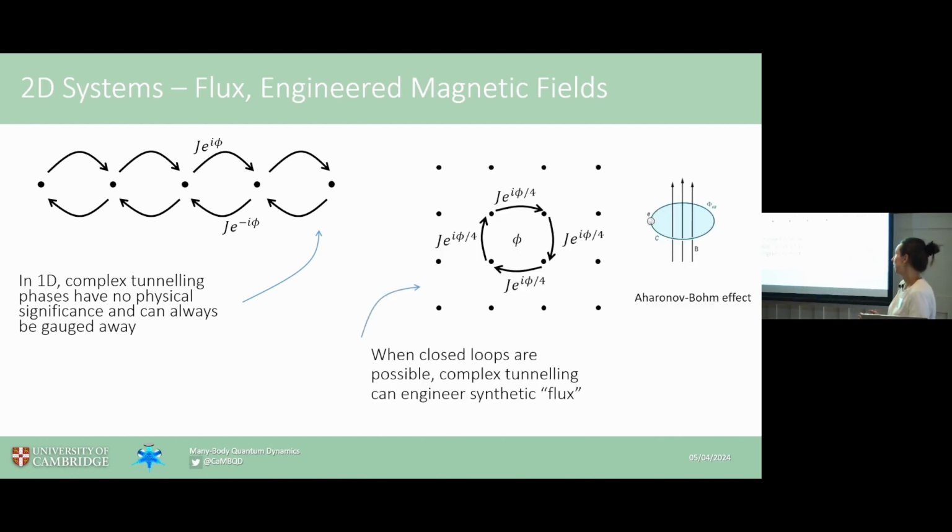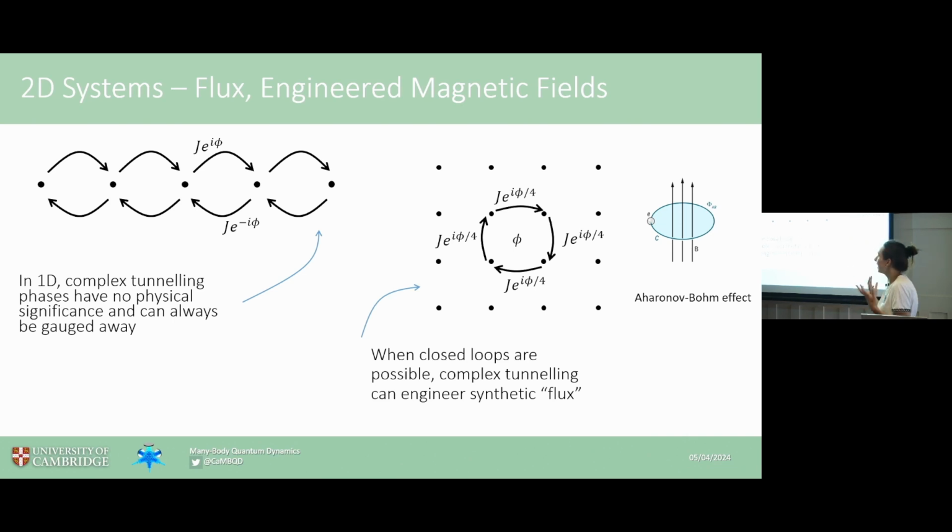However, in the context of a 2-dimensional system, sometimes these phases can become significant physically. In the case of a 2-dimensional lattice, if I pick up some factor of phi going around a plaquette, as I go around the full plaquette, the relative wave function has a phase difference.